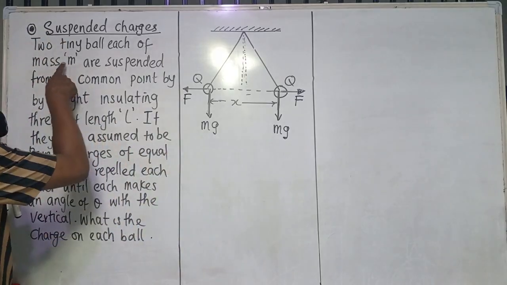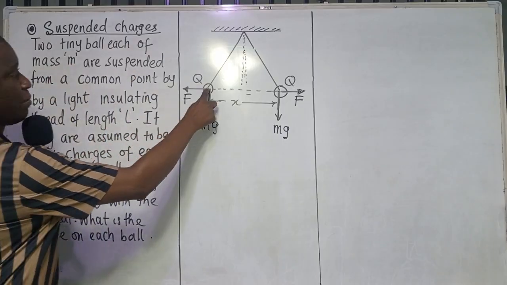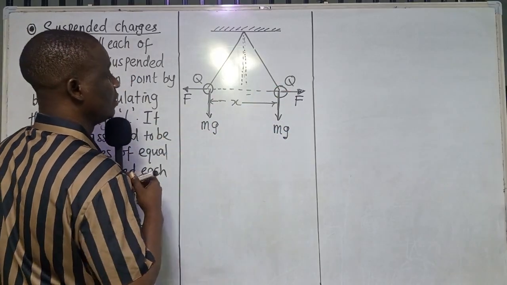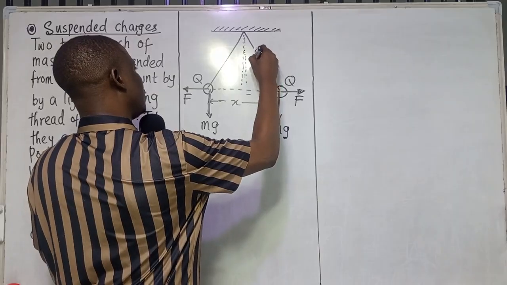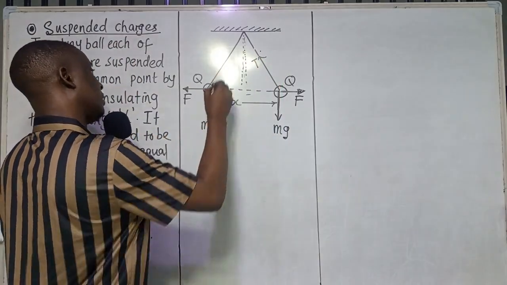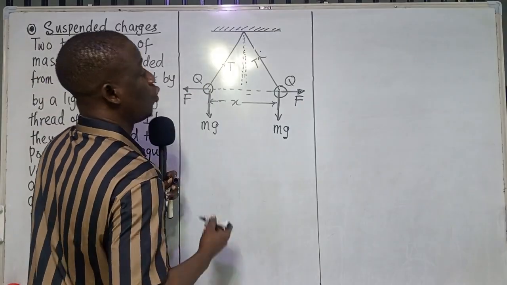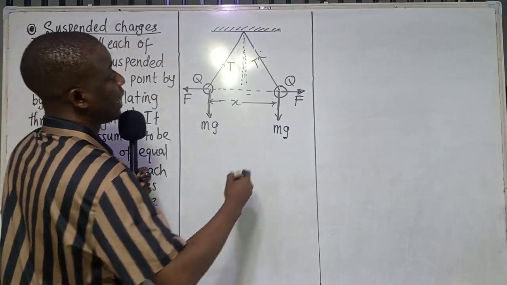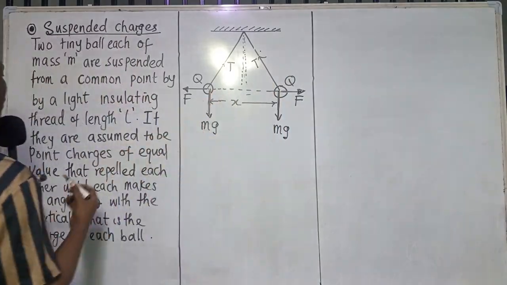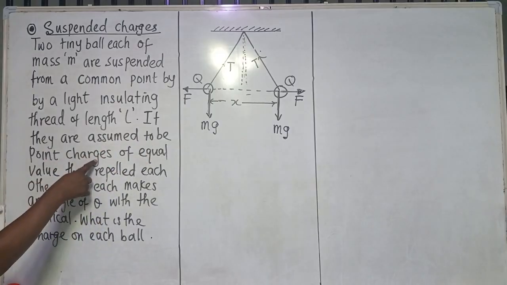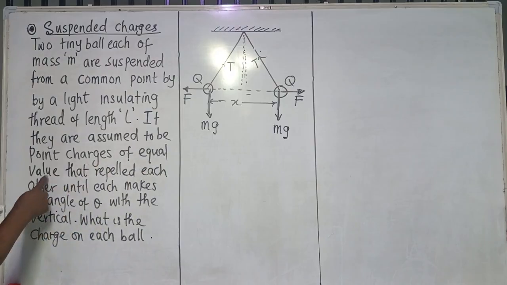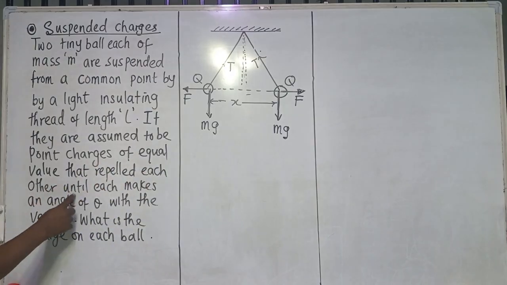They told us that the masses M are suspended, so each mass M has a weight downward towards gravity. Then there will be tension T in the string, tension T here. Apart from the tension, they also told us, look at the board, that the point charges of equal value repel each other until each makes an angle theta with the vertical.